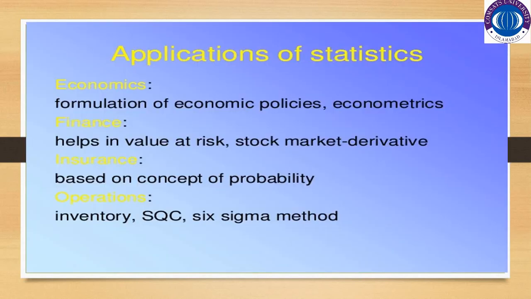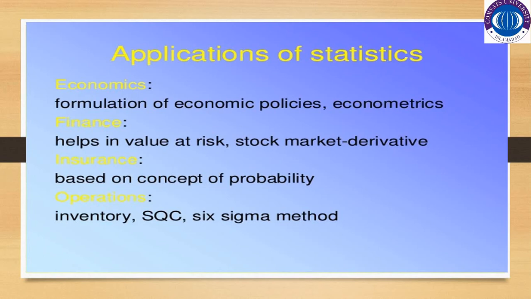Applications of statistics. It is very useful in economics, finance, insurance, and operations as well. Statistics is used in economics to make policies or for the formulation of economic policies, like econometrics.